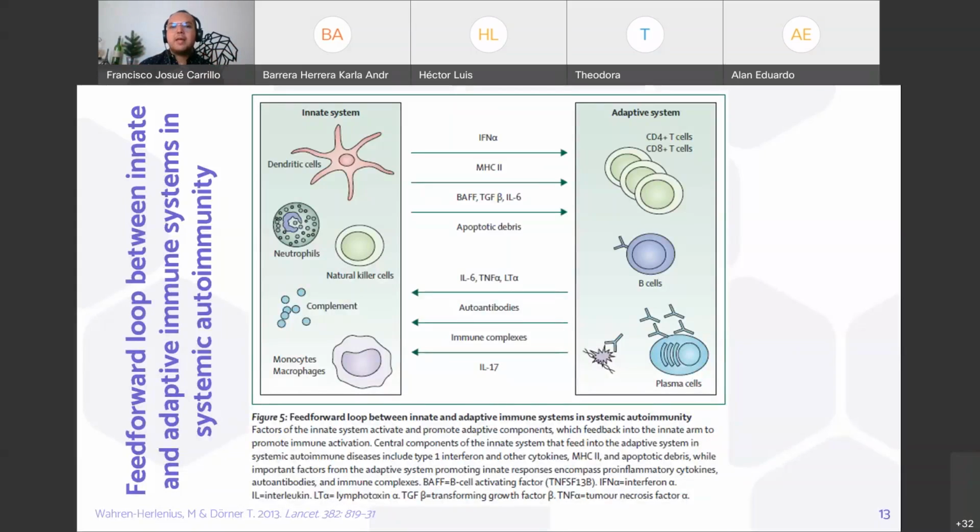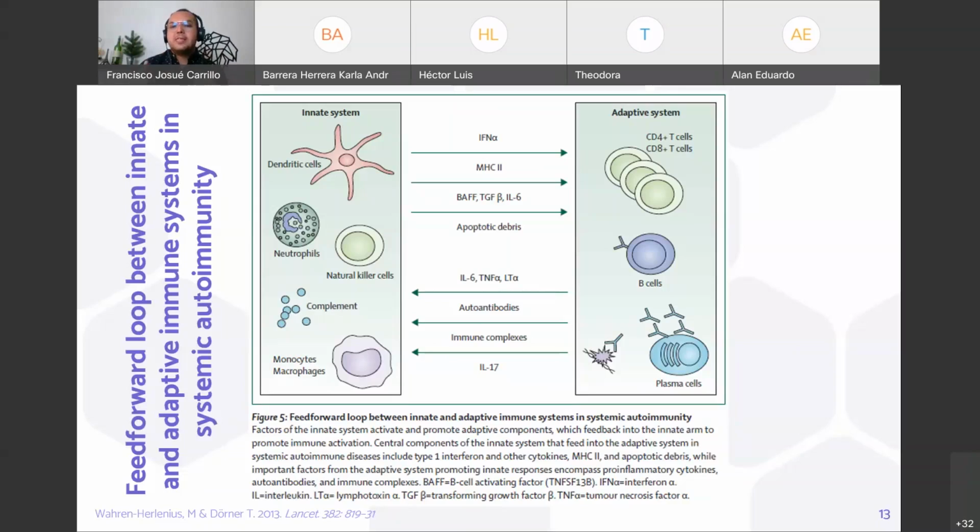On one hand, we have the contribution of the innate system, with the production of cytokines that promote especially the activation, differentiation, perpetuation, and production of autoantibodies in the adaptive immune system.